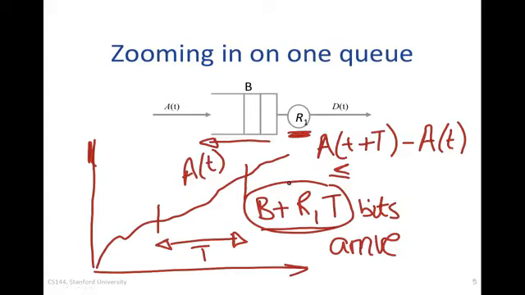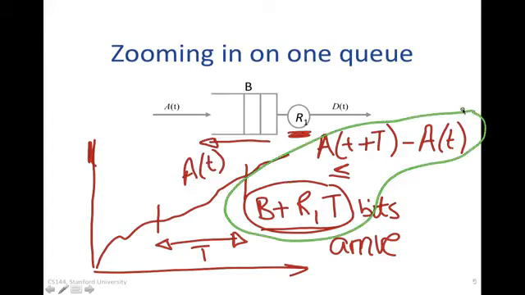So if we can make sure that this guarantee is met, then the queue will never overflow, so we know the delay is guaranteed because we're serving at rate r1.